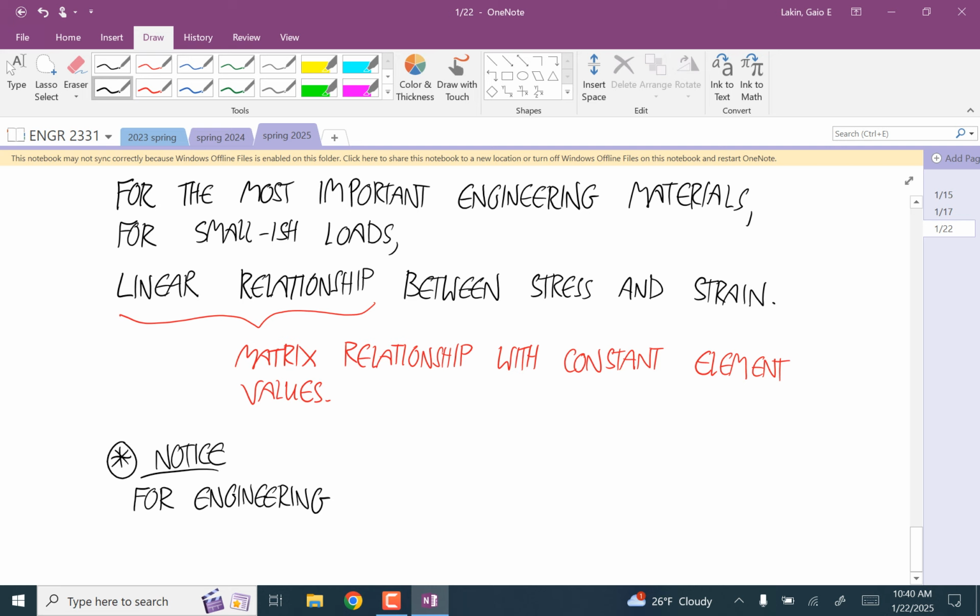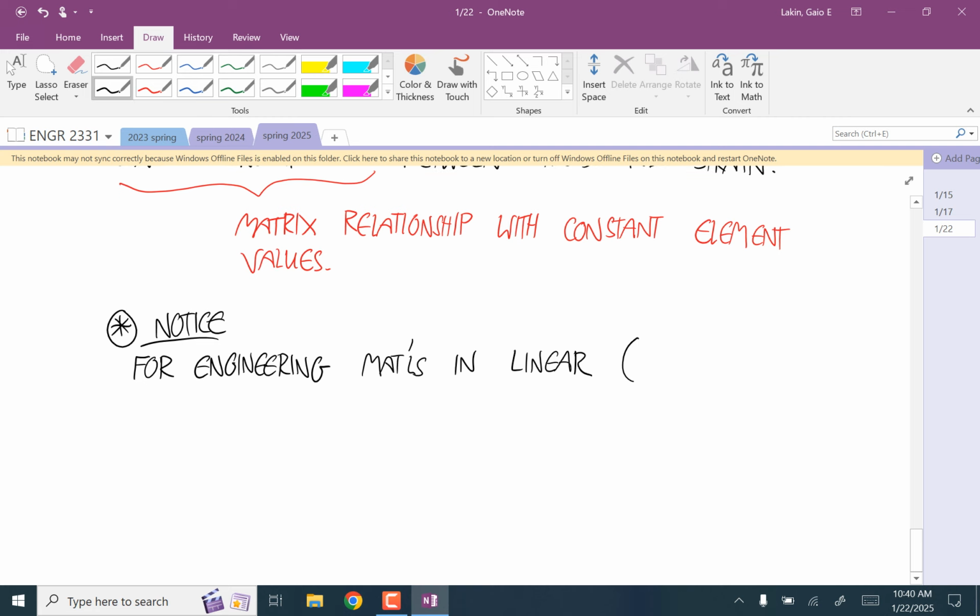So for engineering materials, in their linear, or if you want to try to make yourself sound like a big shot, Hookean, you know, like Hooke's law, in their linear region.